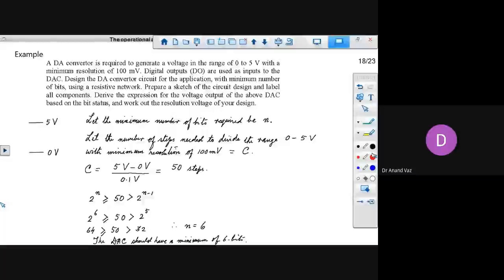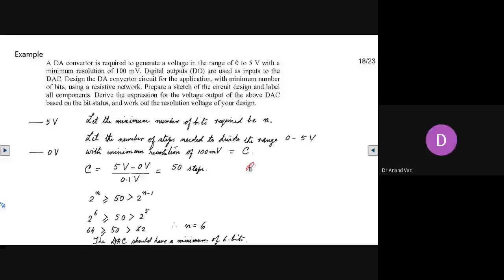Let's go to the next part. Here we have been asked to work out the resolution also. We'll do that, but first let us come to this part, resolution of the voltage. So what is the resolution in this case? Can you tell me the smallest step that can be produced?